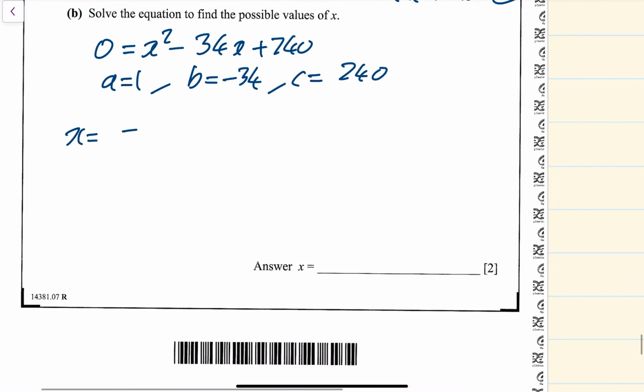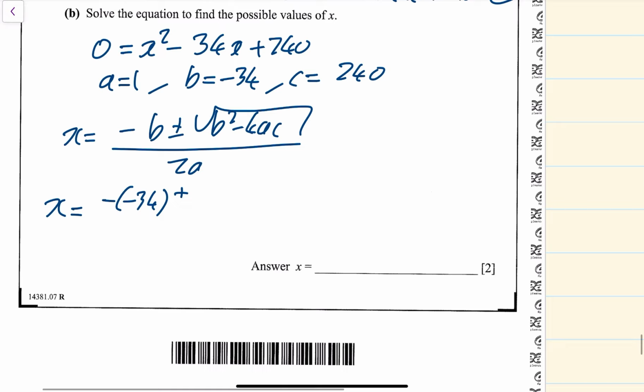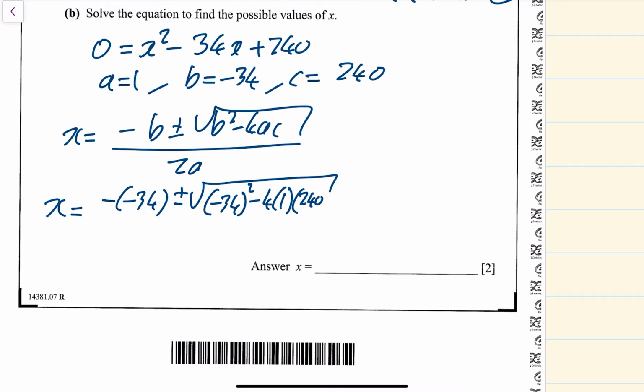So x is equal to minus b plus or minus the square root of b squared minus 4ac all over 2a. Let's fill it in. Minus of my b, which was minus 34, plus or minus, and then the square root of my b, which is minus 34 squared, minus 4a, which is 1, times my c, which is 240, all divided by 2a, which is 1.